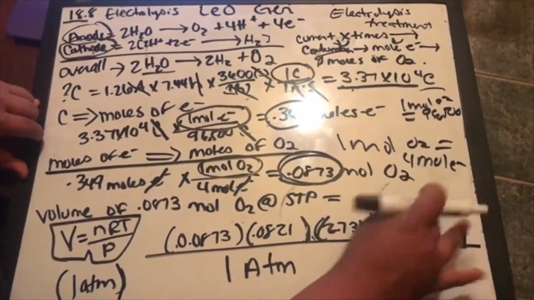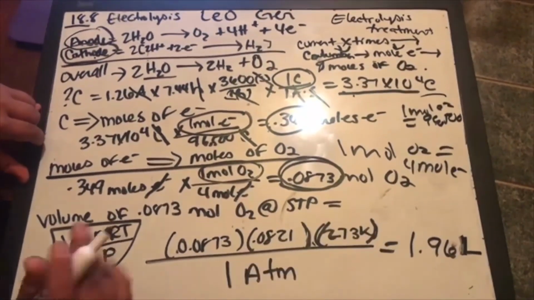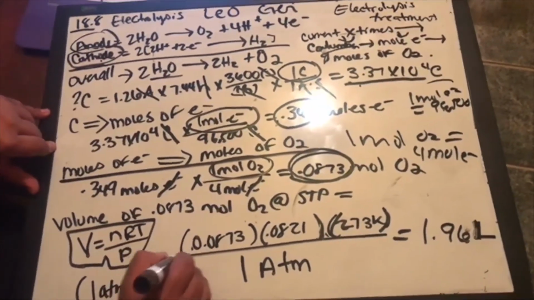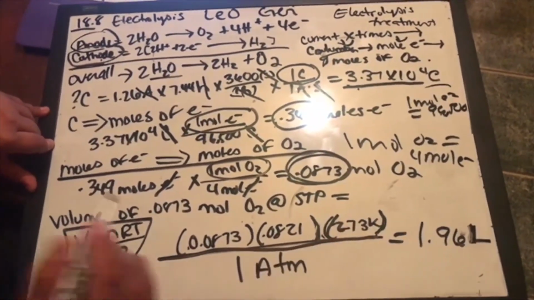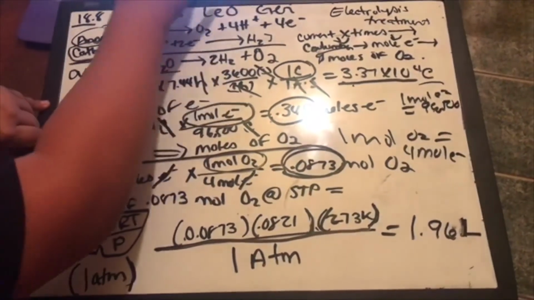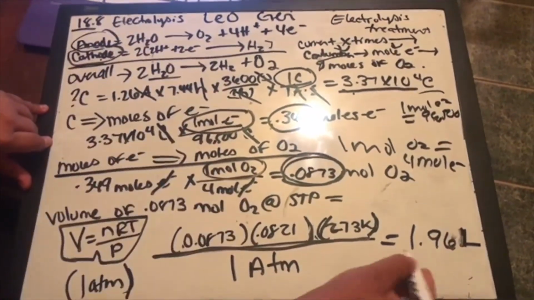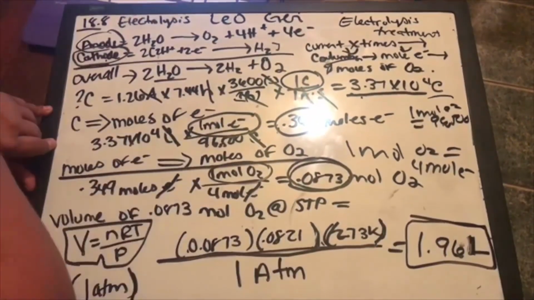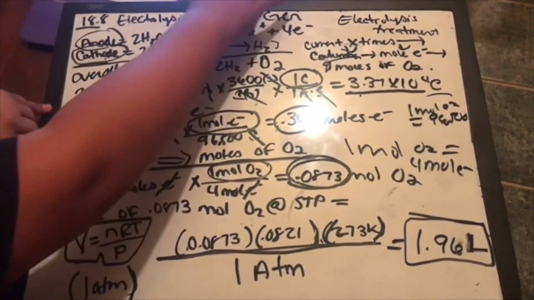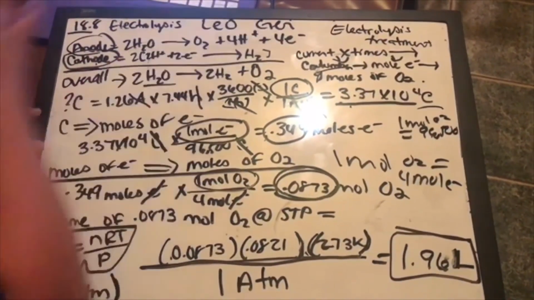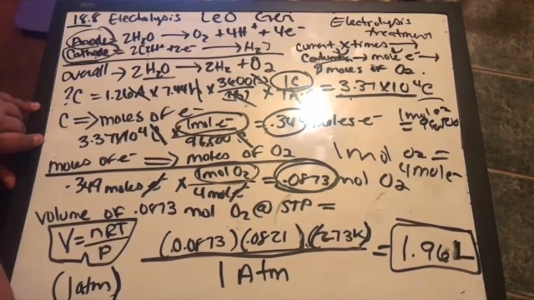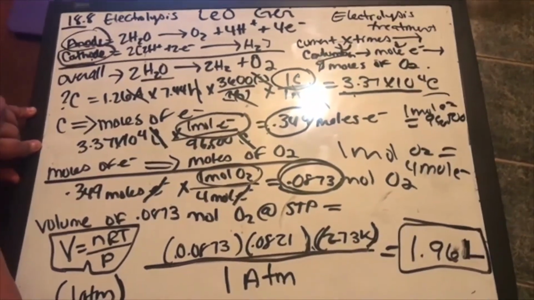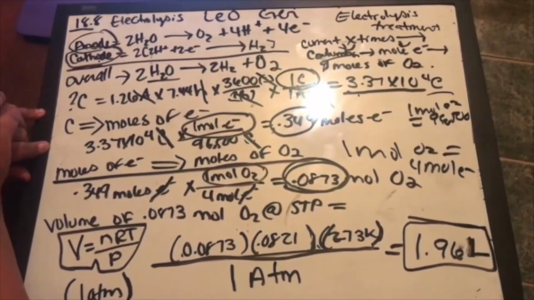So we are at 273 Kelvin, standard temperature. When we actually put this in the calculator, we are left with 1.96 liters for our electrolysis of sulfuric acid, a diluted sulfuric acid solution.